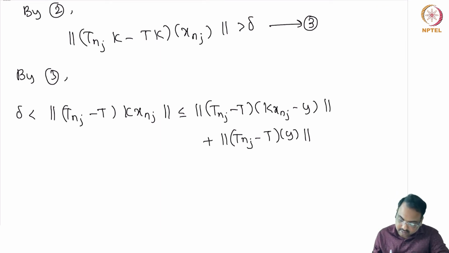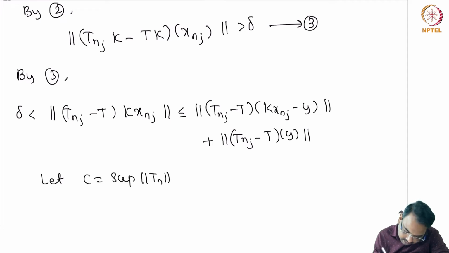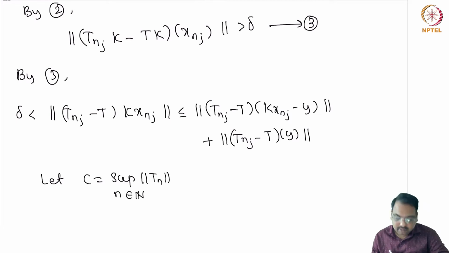Now let us take C as the supremum of norm Tn over n, because Tn is convergent, so it is bounded.